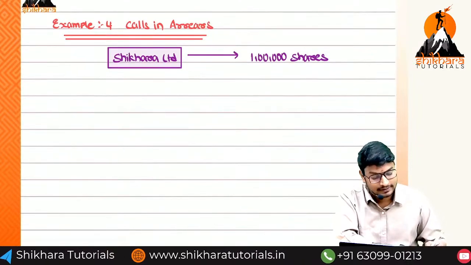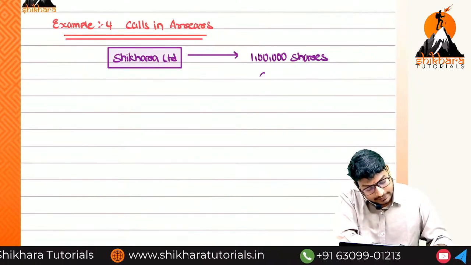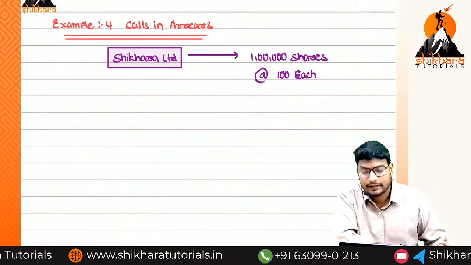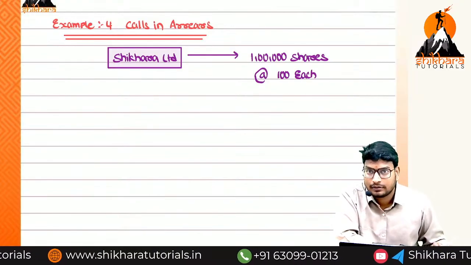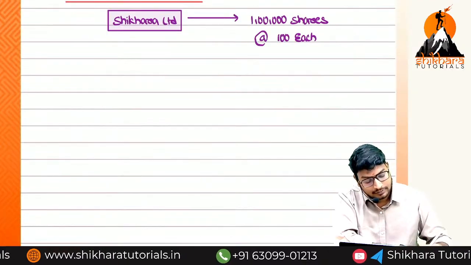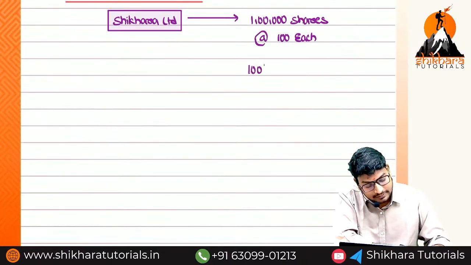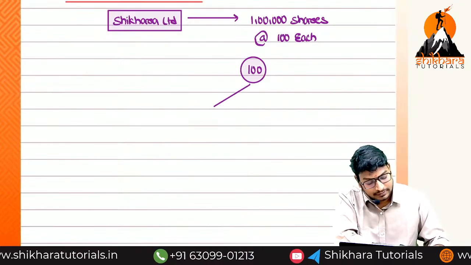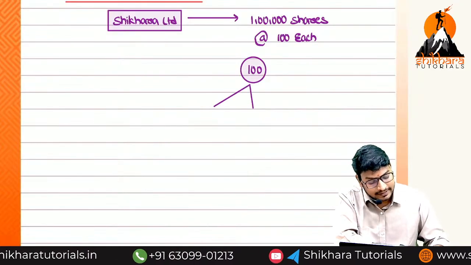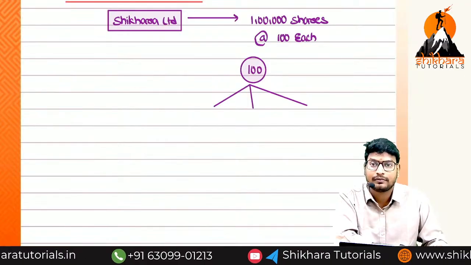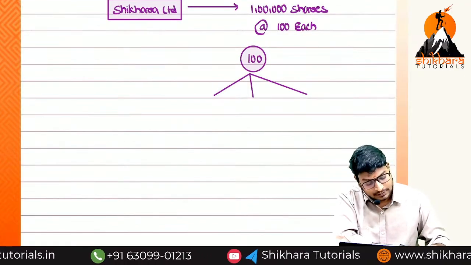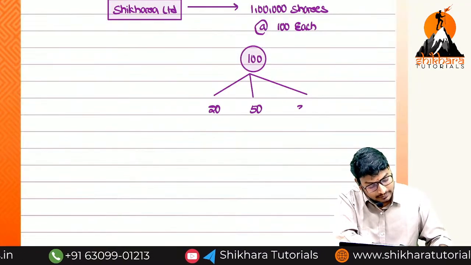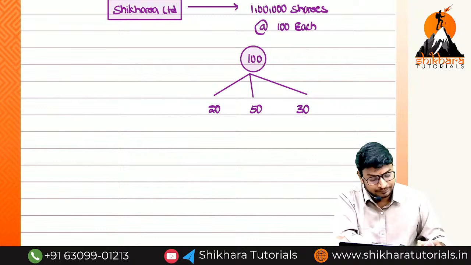Issued 1 lakh shares at the rate of 100 each. Here the 100 rupees is the face value. So we are dividing that 100 rupees into 3 installments. What is the first installment? Application, second one allotment, and third one first and final call. So 20 rupees, 50 rupees and 30 rupees.